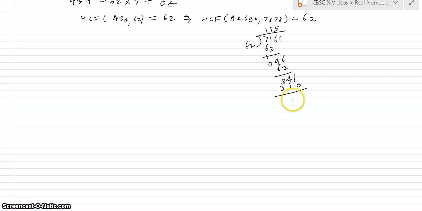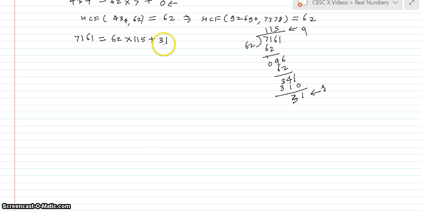What is remaining then? 4 minus 3 is 1, 31 is remaining. So that is the remainder, and that is the quotient. Okay. So we can write 7161 is equal to 62 into 115 plus r is 31.